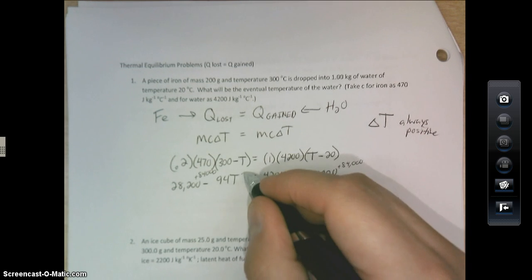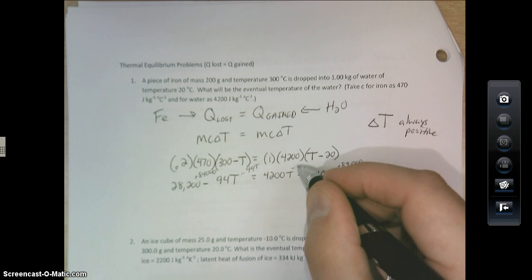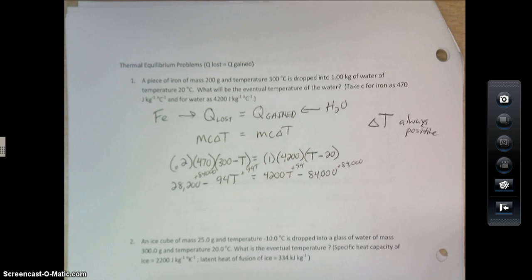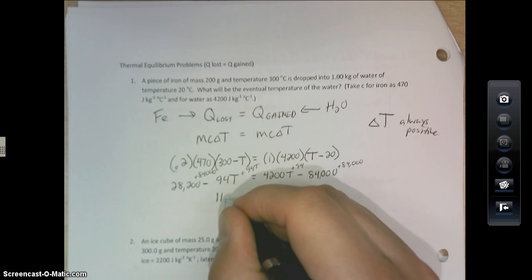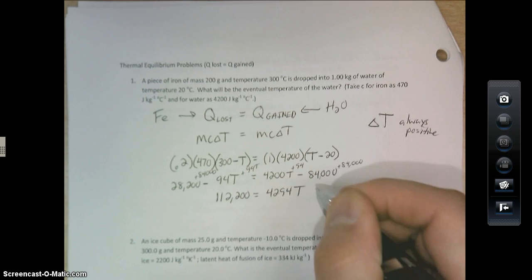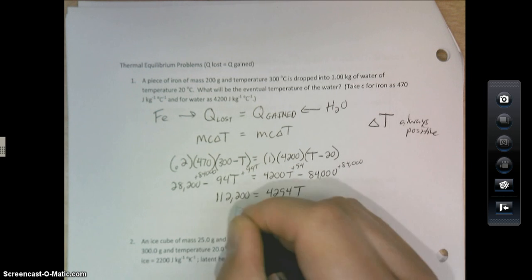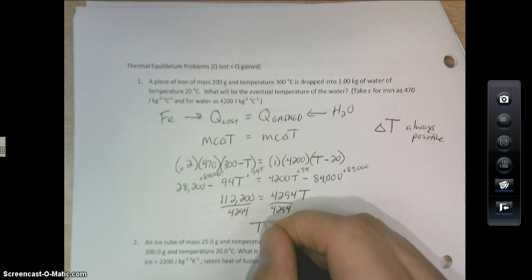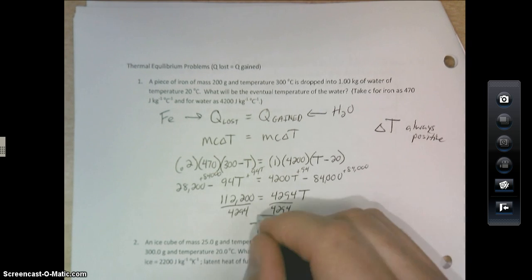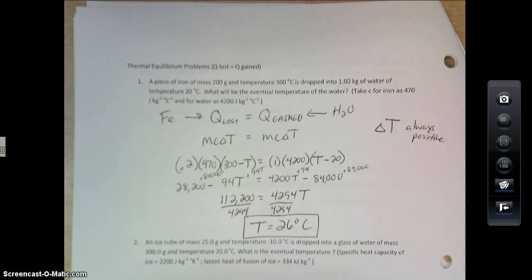And I'll subtract 94t from both sides. Oh, I'm sorry, this is negative, so I'm adding 94t to both sides. So I get this value. And now divide. And we get that our final temperature of the water and the iron cube will be 26 degrees Celsius. So that's the thought process behind this type of problem.